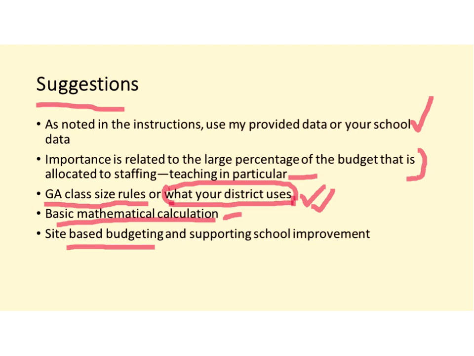So instead of just taking the allocation that you're given from the central office, is there any advantage to allowing the school to bargain or negotiate with the central office to maybe get a different allocation?